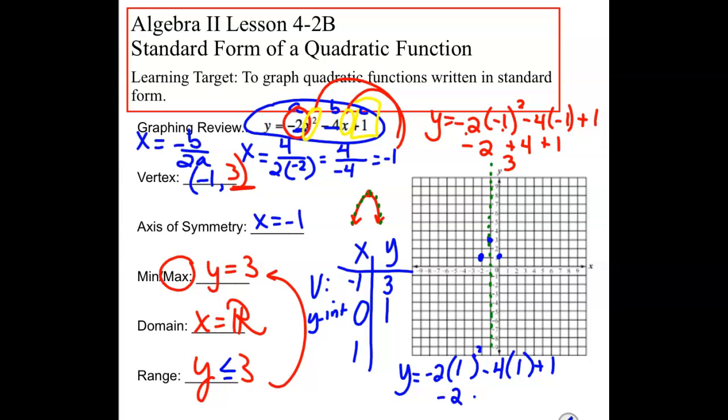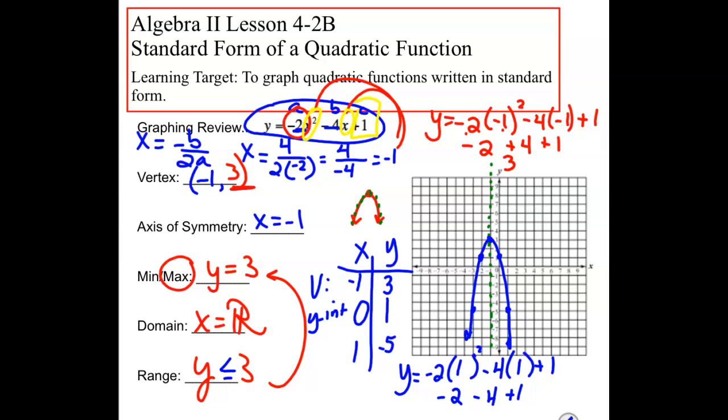Negative 4 times 1 is negative 4. And then combining all of that, negative 2 minus 4 would be negative 6, plus 1 would be negative 5. So let's go ahead and plot the point 1, negative 5. That is 2 spaces to the right of my line of symmetry, so we can also mirror that over 2 spaces to the left. And then we simply draw in our parabola.